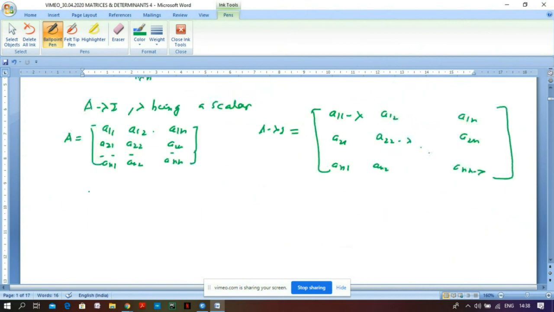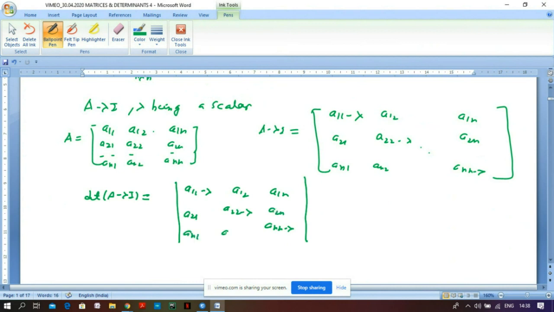Now the determinant of A minus lambda I, if I write det of A minus lambda I, the matrix sign goes off and the determinant sign comes, is the same matrix with A11 minus lambda, A22 minus lambda, Ann minus lambda, and all those A12, A1n, A21, A2n, An1, An2, and this kind of thing.